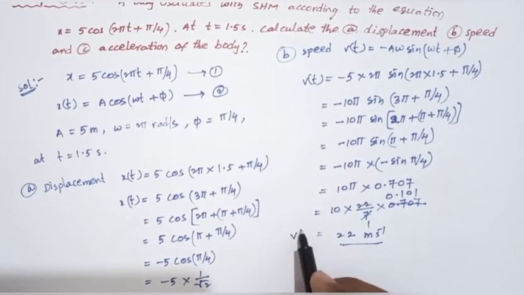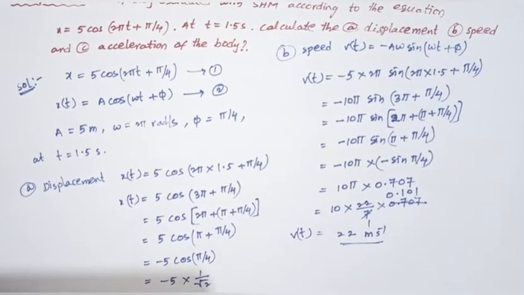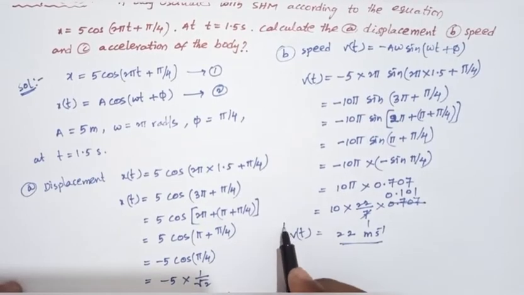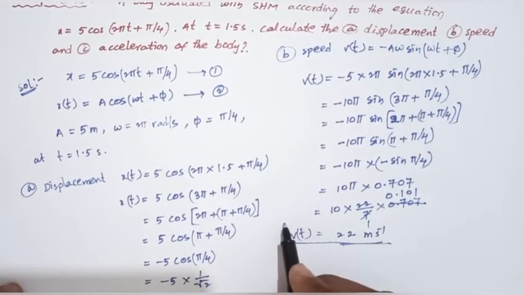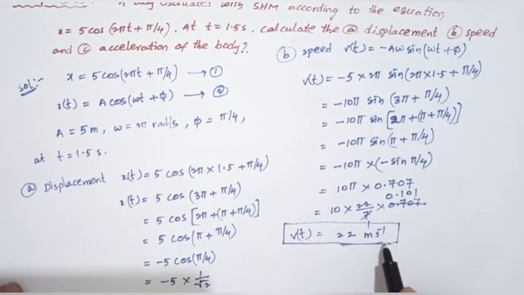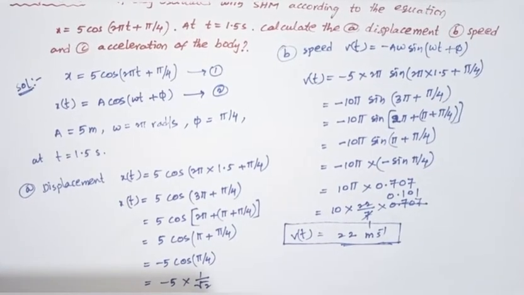So this is the velocity or speed of the simple harmonic motion of the particle.